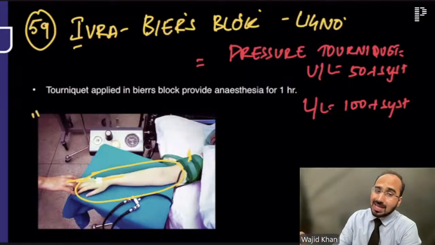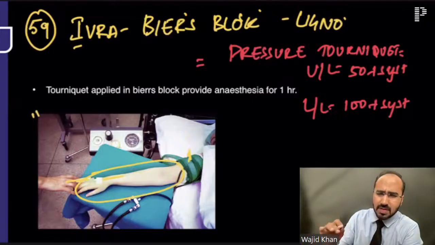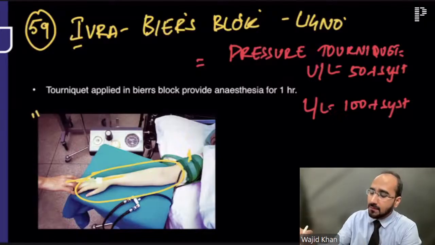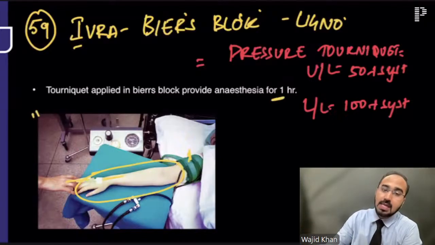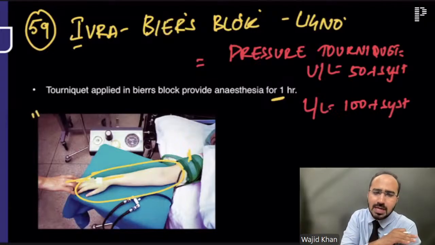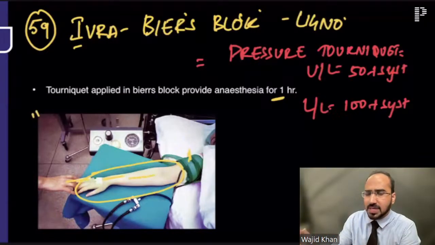Now, regarding that, what we need to remember is the pressure. First of all, IVRA is used for what surgeries? Limb surgeries, whether upper limb or lower limb, which are done within 1 hour duration. In the upper limb, the muscle mass is less, so you apply less pressure to occlude the blood supply or the passage of the drug to the upper side.